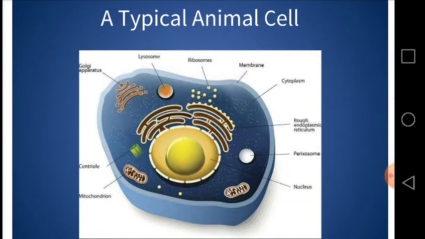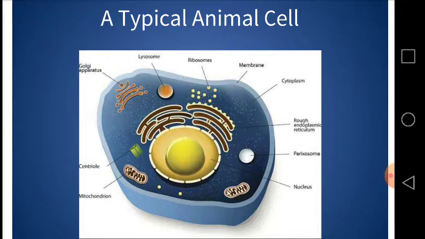Before going to the illustration of the animal cell, dear students, I would love to say, what is a cell? As you know, the cell is the basic unit of structure and function in all the living creatures or organisms. All organisms are made up of either one cell, called unicellular organisms, or of many cells, and they are called multicellular organisms.